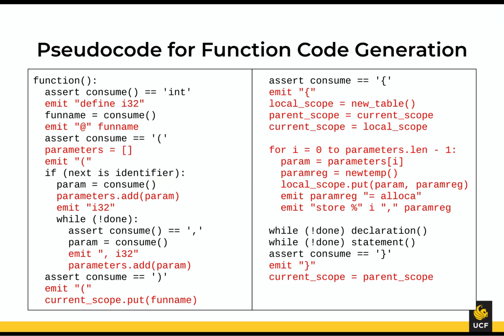If it is, I consume that identifier, read in the identifier, and then while the next thing is not a closed paren, while not done, then we keep reading comma and another identifier, comma, identifier, comma, identifier, until the next token is no longer a comma. So, not done here. I'm being a little hand wavy, but you basically do this while loop until the next token is no longer a comma.